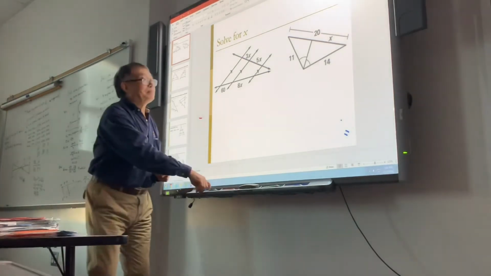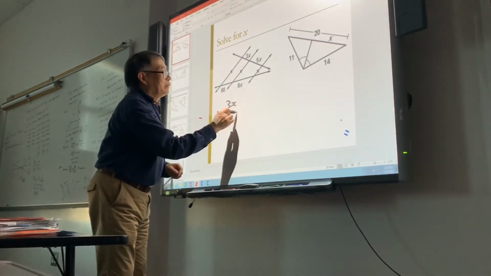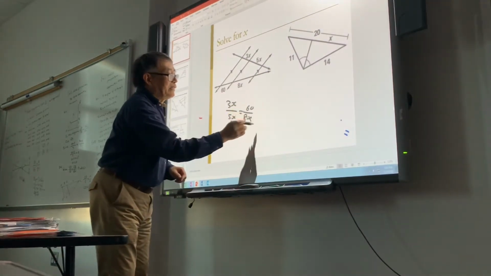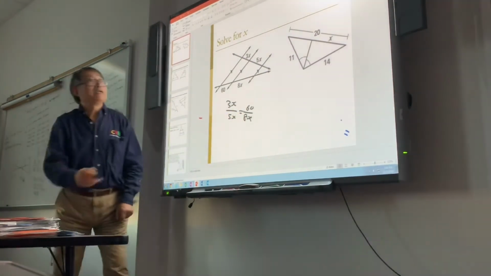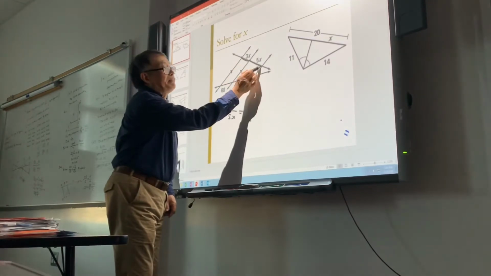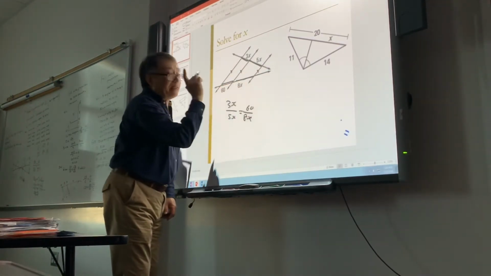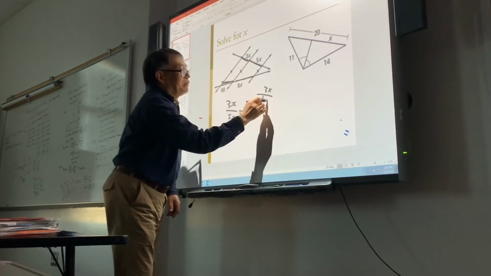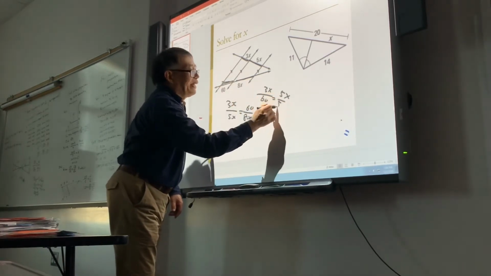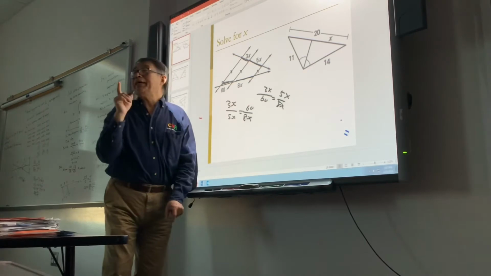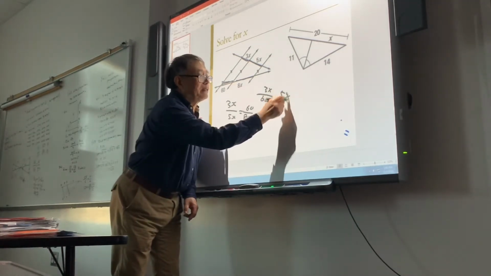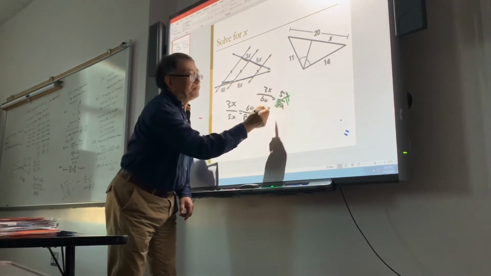Yes? 3x over 5x is equal to 60 over 8x. Is that correct? Yes. 3x over 5x equals 60 over 8x, or 3x over 60 equals 5x over 8x. Because x cannot be 0, you can simplify to 5 over 8.